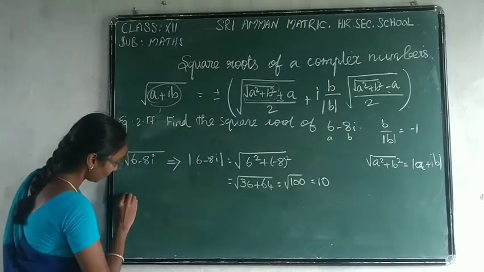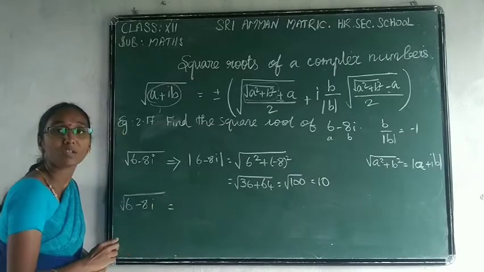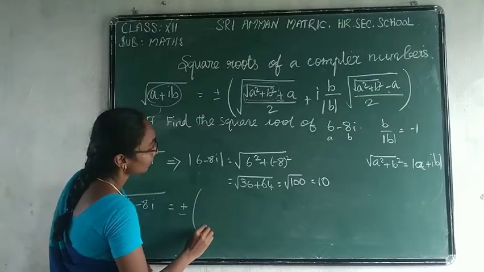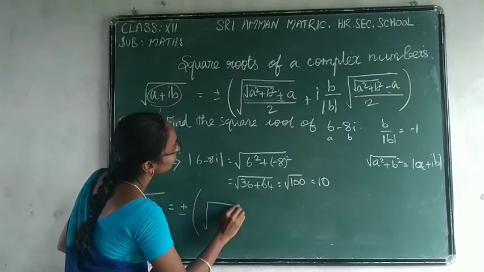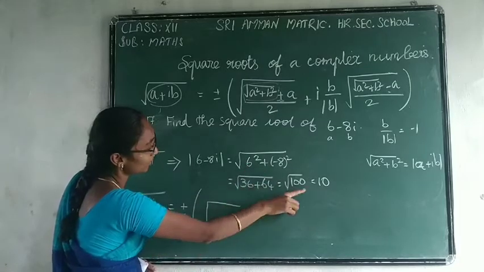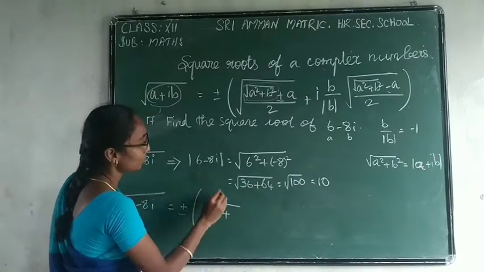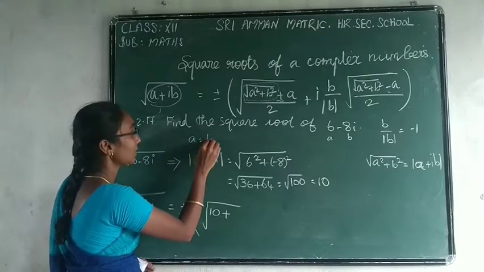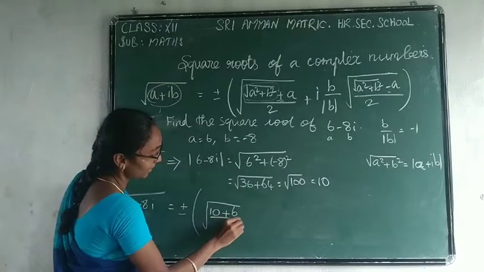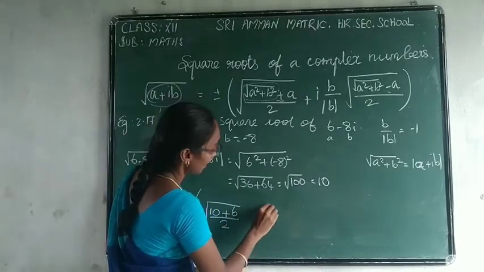So now we are finding the root of 6 minus 8i, equal to plus or minus root of (root of a square plus b square plus a), so 10 plus a, where a equals 6, divided by 2, plus i.